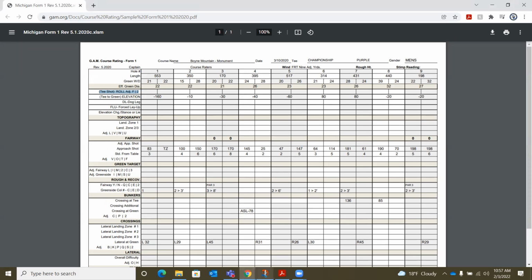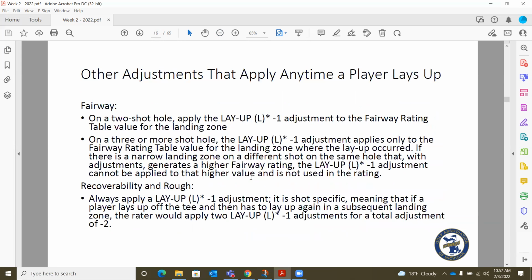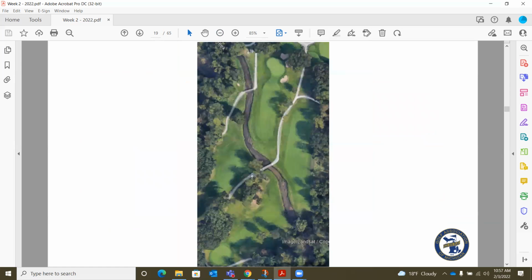So we have here, and I think I've got a picture somewhere here. So here's a hole that the tee is back this way here, and we're hitting out to here, and this is the green that we're hitting to. So our tee shot would normally go right into the creek here.